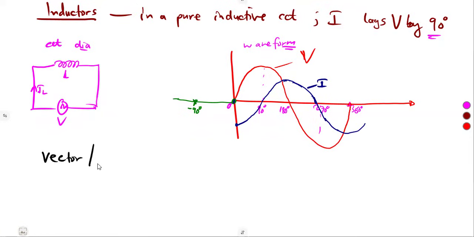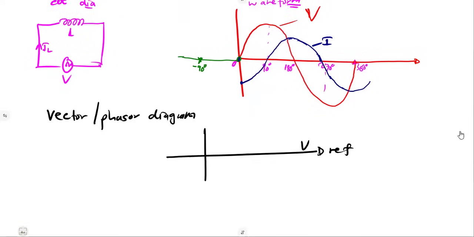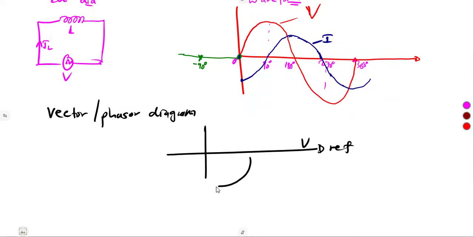So our vector or phasor diagram, in this case, we are going to have, like we said, current lags the voltage. So with our voltage on the reference here, remember the lagging part, this quadrant, the fourth quadrant. So if it is lagging by 90 degrees, it is directly on this line. All right, 90 degrees. That's a right angle.